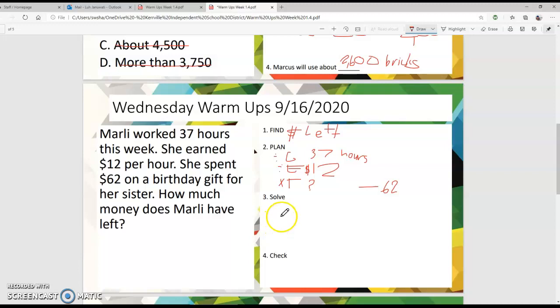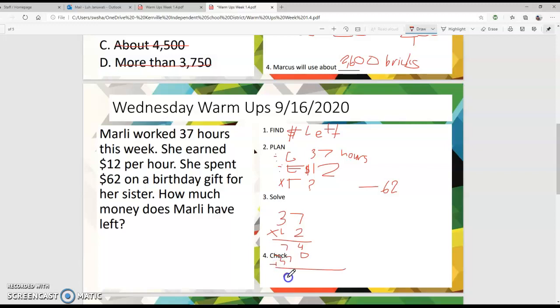So you do 37 times 12. 37 times 2 is 74. And then 37 times 10 is about 370, yeah? So you add them.